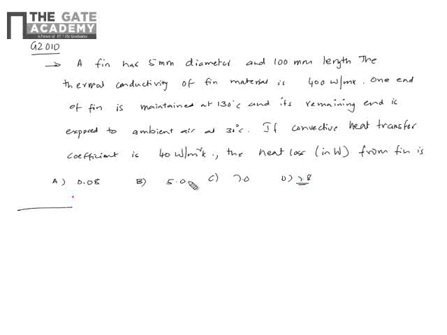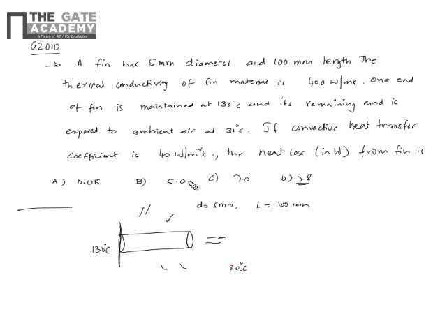So let's first see what the problem is. It's a problem on conduction. You have a fin, circular fin, so I'm just drawing it circular, and the diameter is 5 mm and the length is 100 mm. One end, let's say this end, is maintained at 130 degrees Celsius and the other end is exposed to the atmosphere, so it can lose heat.